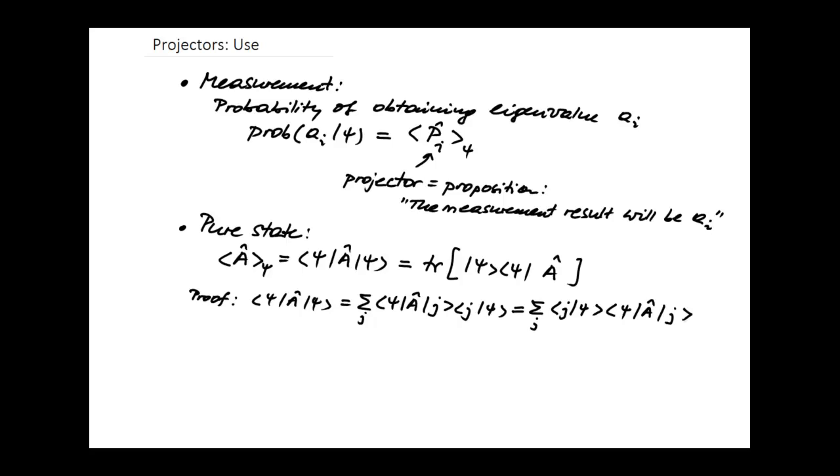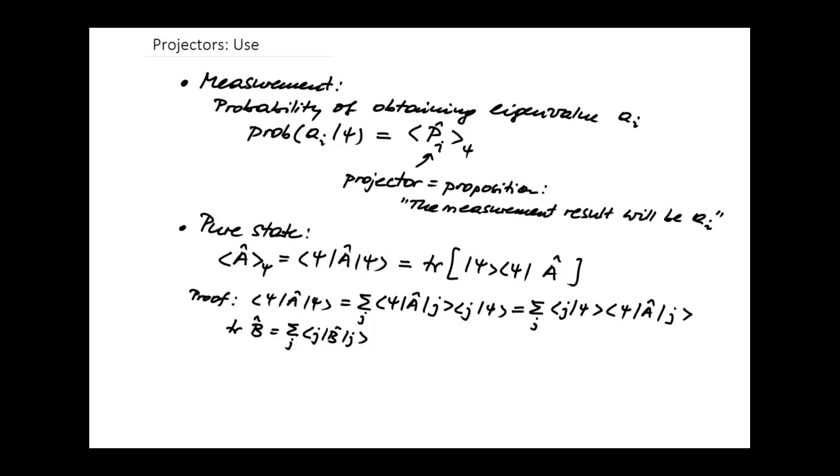I just switched the order of the two scalar products. But what is the trace? It's the sum of the diagonal elements of a matrix. Or more generally, the trace of an operator, let me call it B, is the sum over j of ⟨j|B|j⟩. Okay, that's a trace.